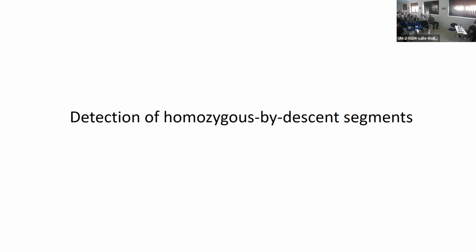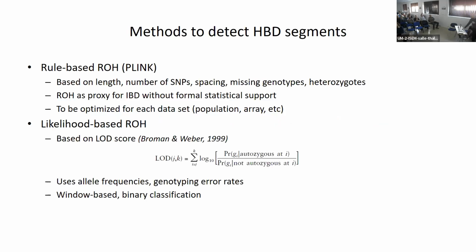With this background, I can now speak a bit about how we will detect these homozygous by descent segments. The most popular approach to do that is to use runs of homozygosity in PLINK. It will simply count the number of homozygous markers. If it finds a stretch that is long enough with enough markers, it will declare it a run of homozygosity.